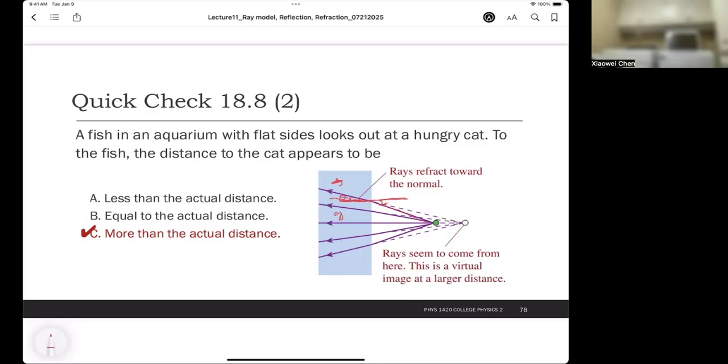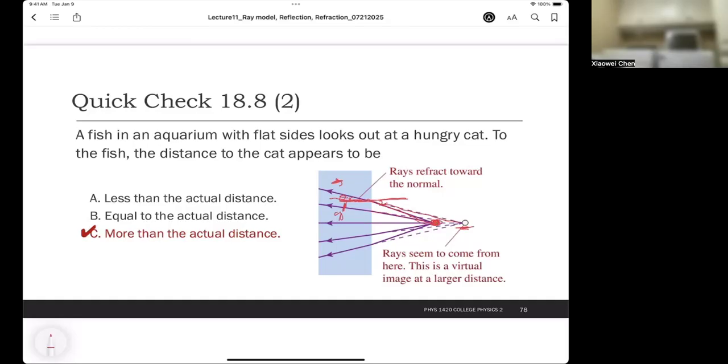This is the real cat actually. But the fish is in the water, so it sees the cat in this location, but the real cat is here.